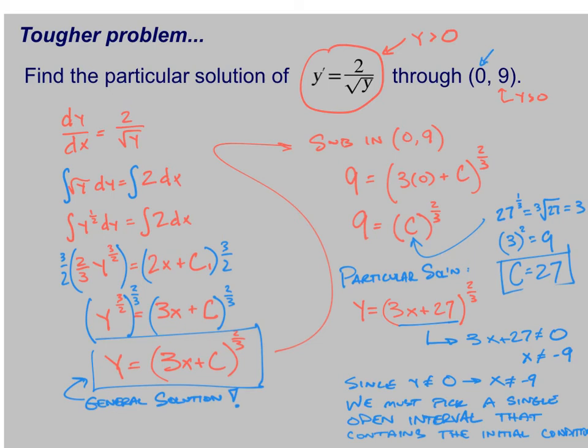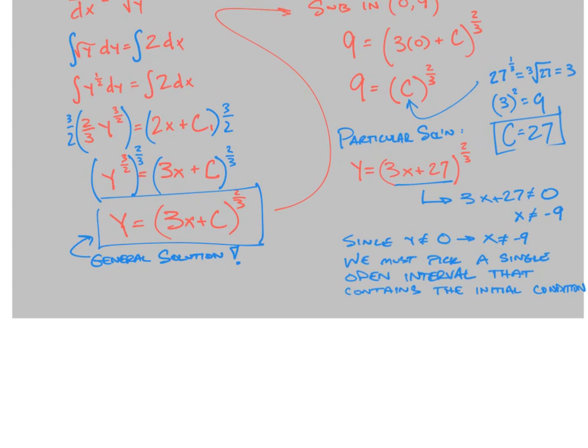So I need to pick an open interval that includes x equals 0, but x cannot equal -9. So that means my domain must be for x greater than -9. And that is the final answer for this problem.